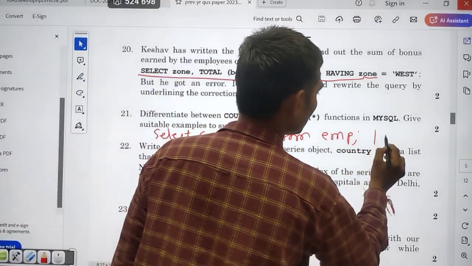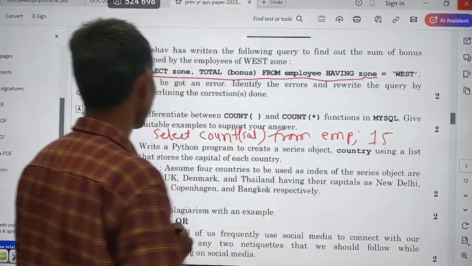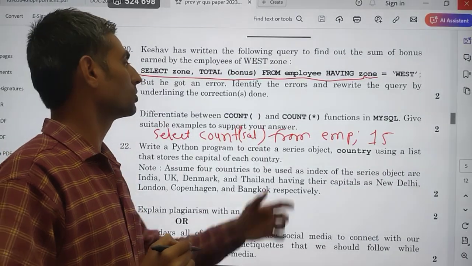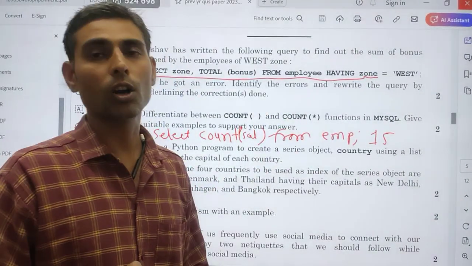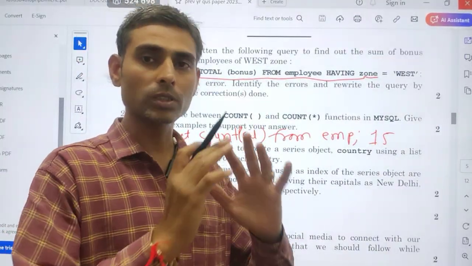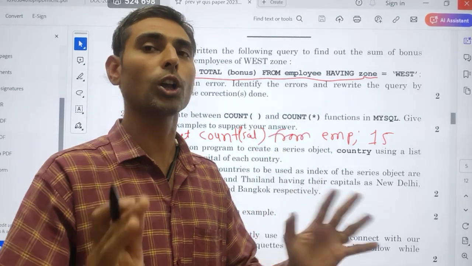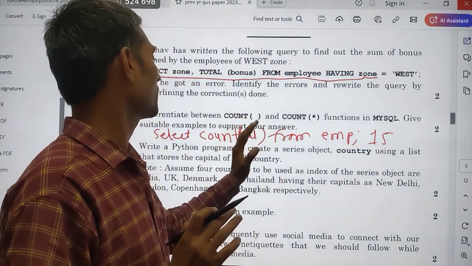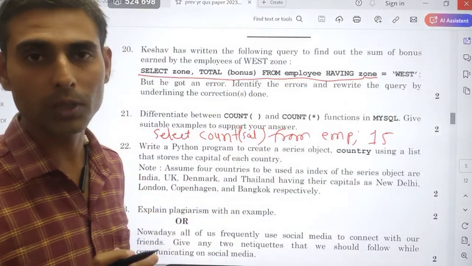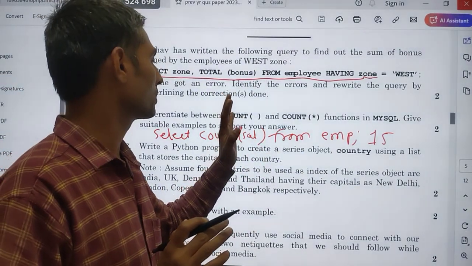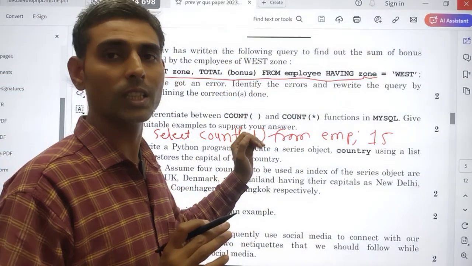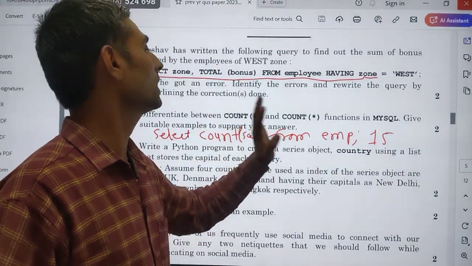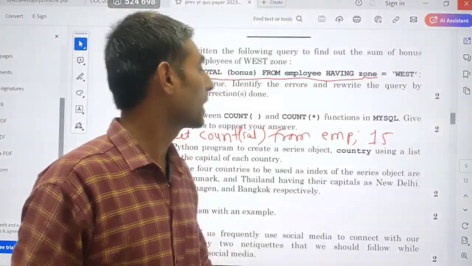So count asterisk will count the total number of rows in all the columns of a table, but count with a column name will count the total number of rows in that particular column, leaving out the null values.